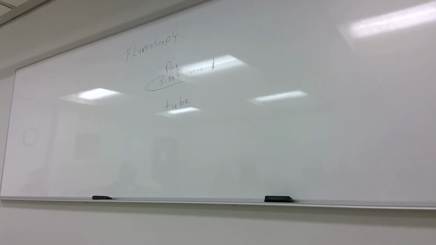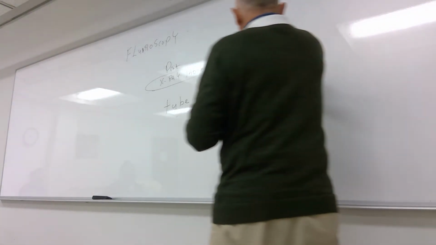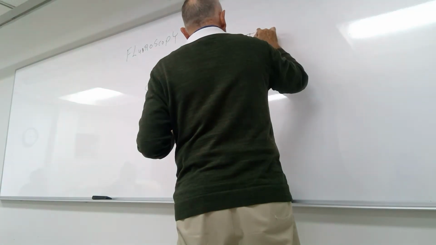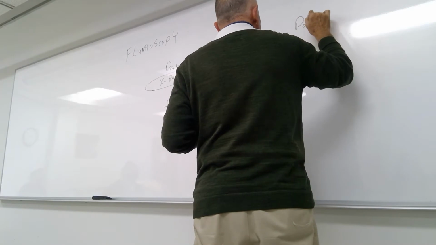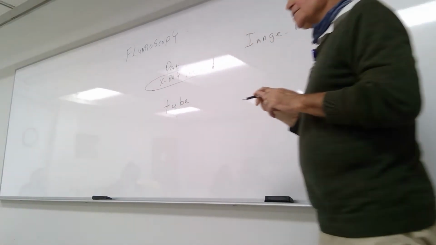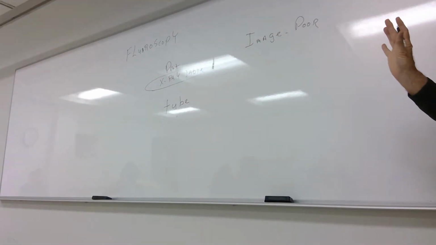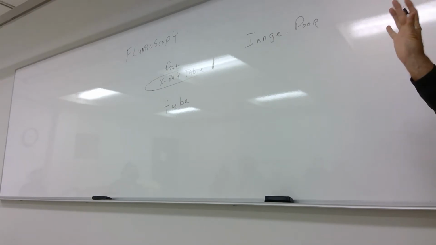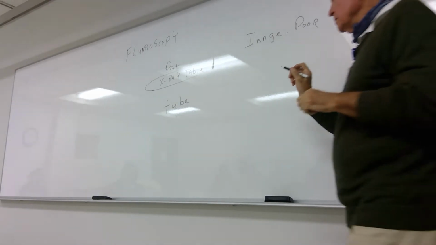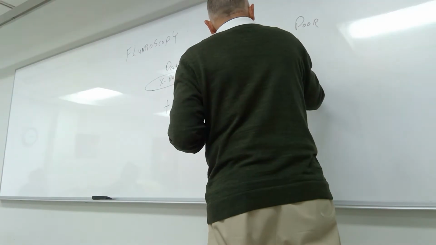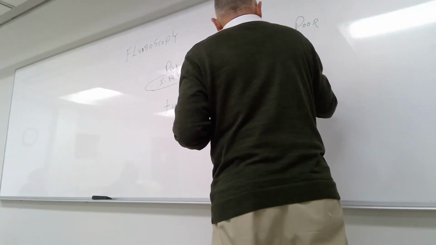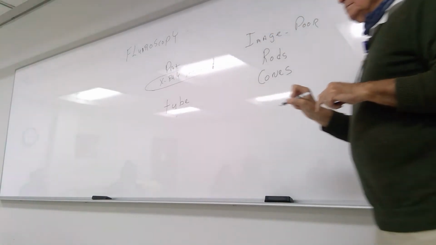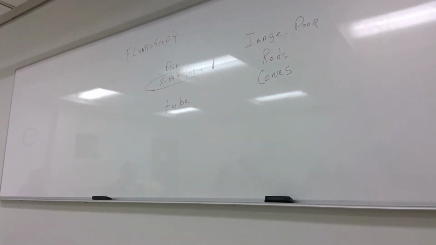So let's go back and talk about that image on the screen, which was poor. Now let's talk about the eye. Have you heard of these words? Rods and cones. You guys remember that?